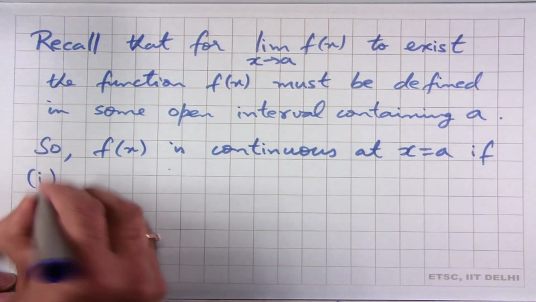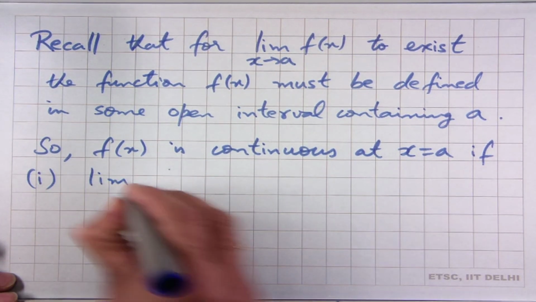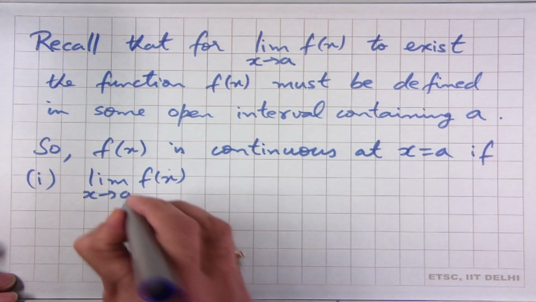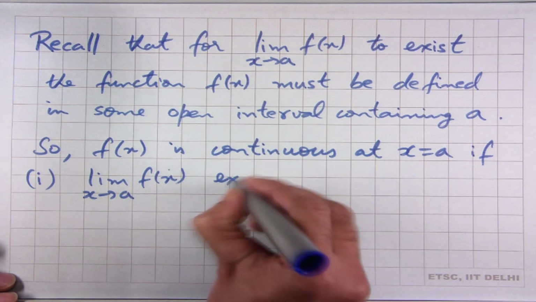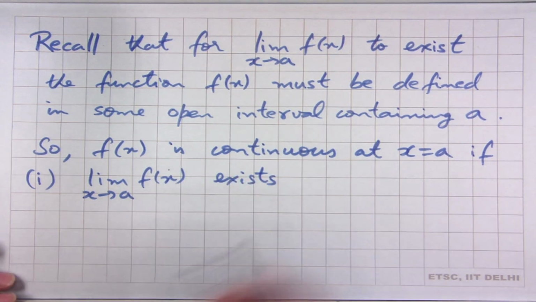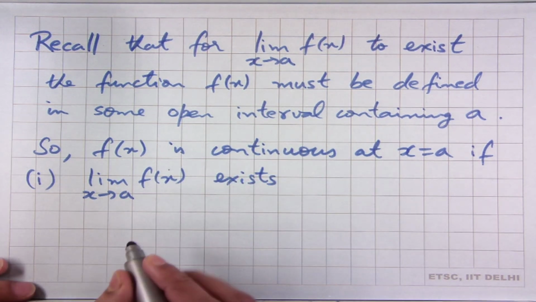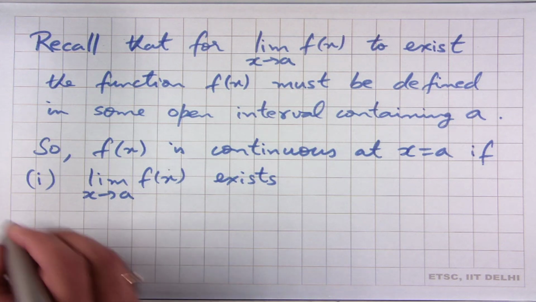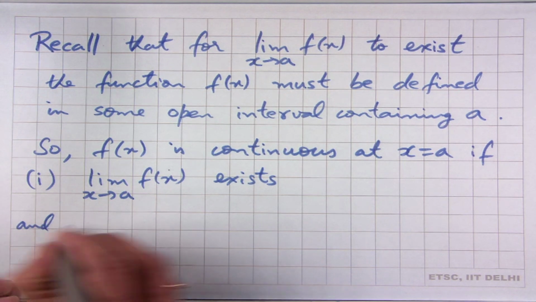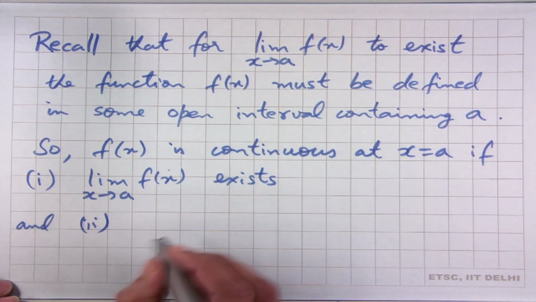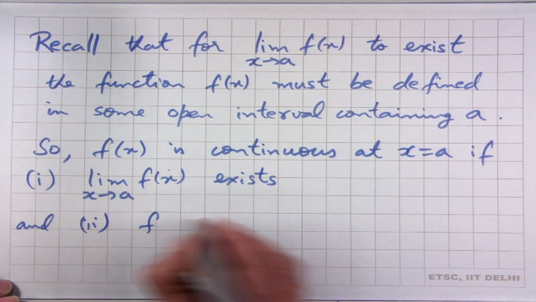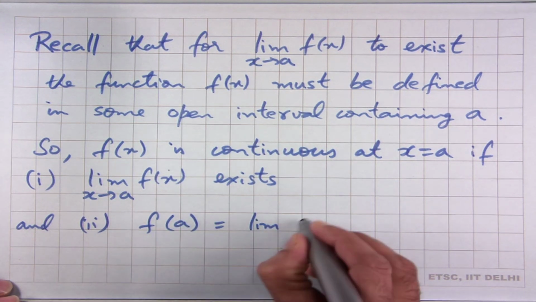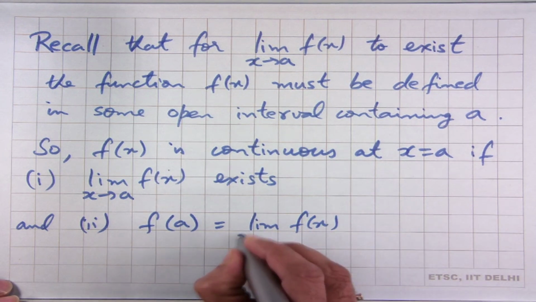First, the limit of f of x as x approaches a exists. And second, f of a must be equal to the limit of f of x as x approaches a.